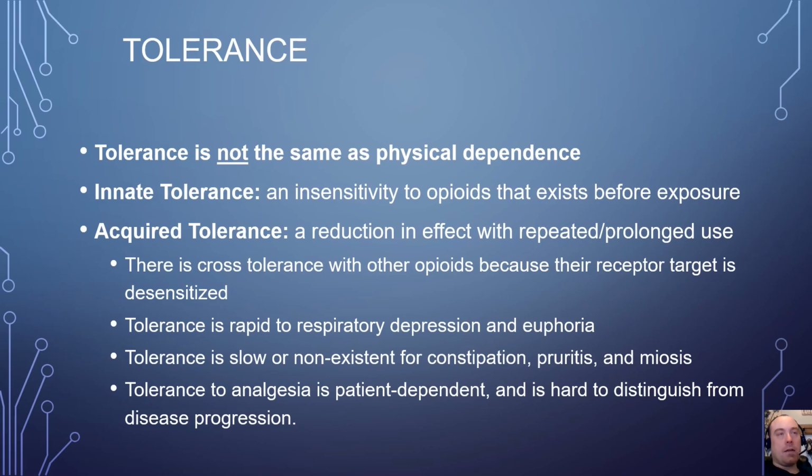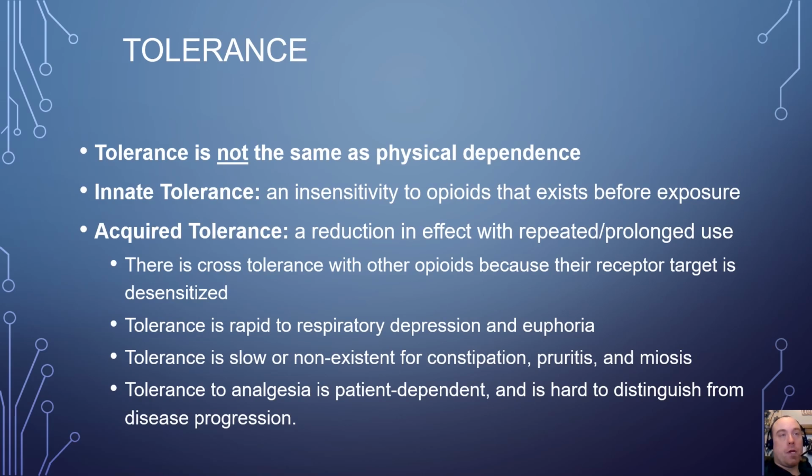Innate tolerance is an insensitivity to opioids before the first exposure. That means you're already going to have a poor analgesic response, or even a weak response to the other effects of an opioid, for some reason.